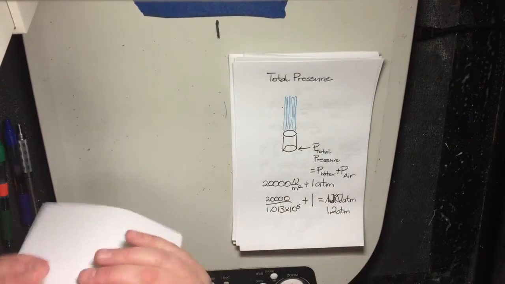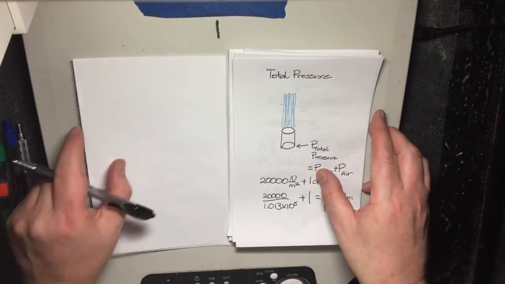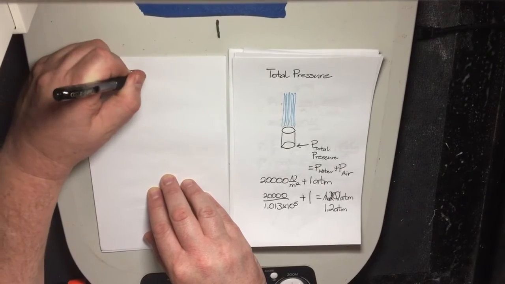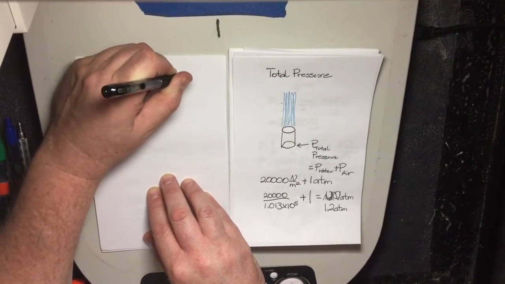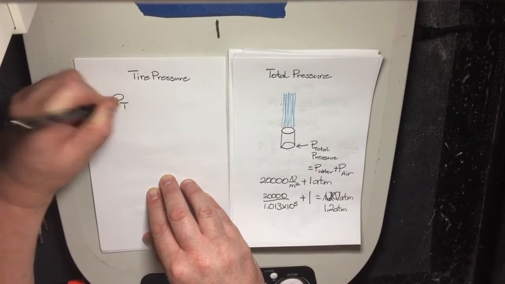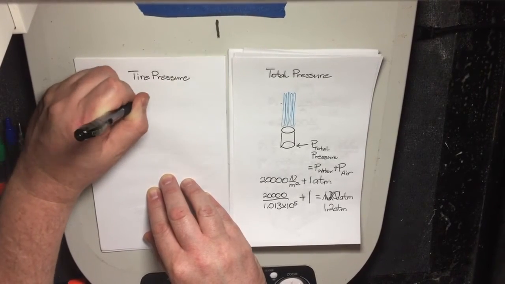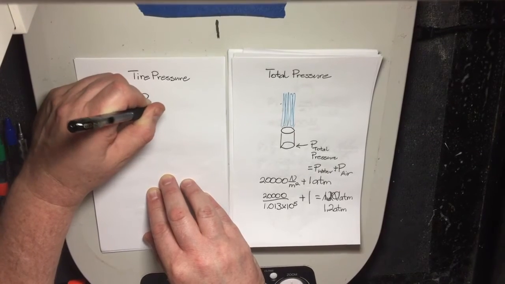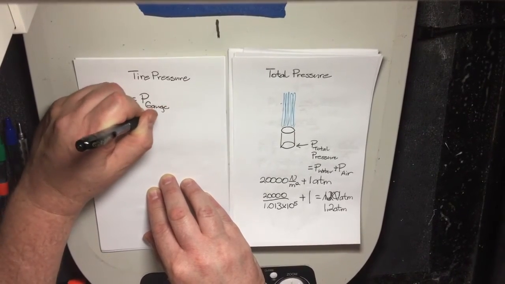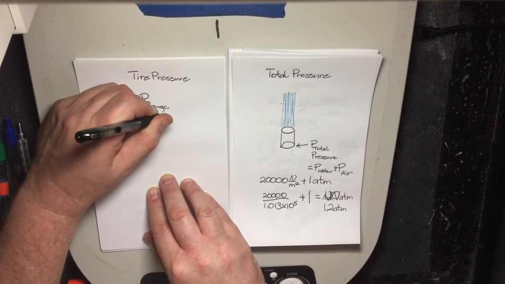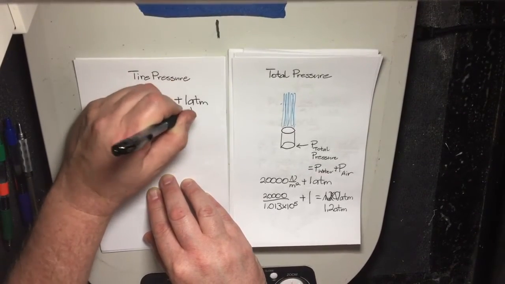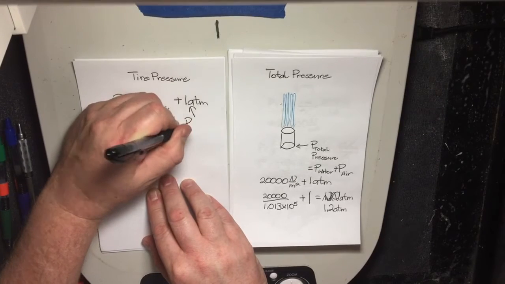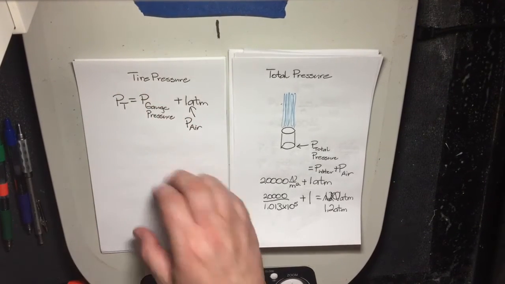Another way we can talk about total pressure is tire pressure. The total pressure in a tire is gauge pressure plus 1 atmosphere, or atmospheric pressure.